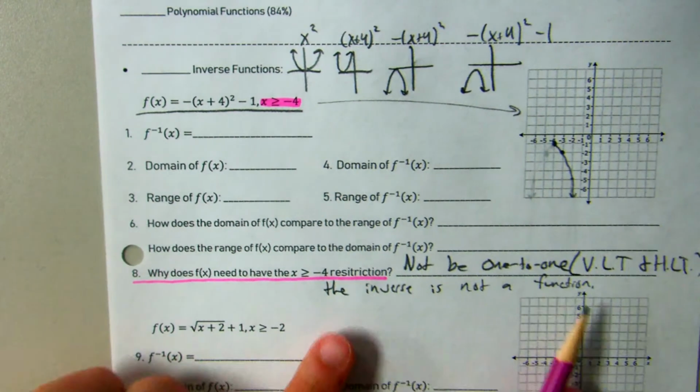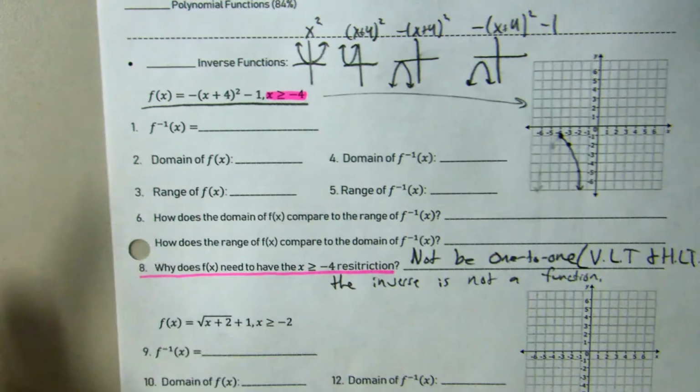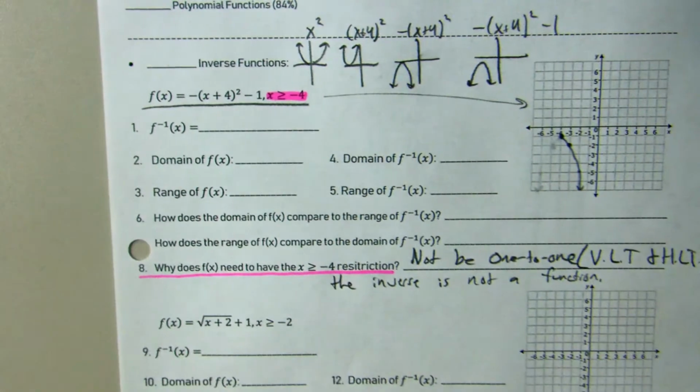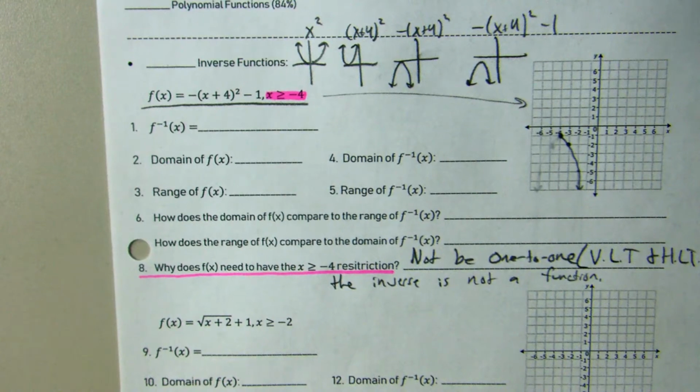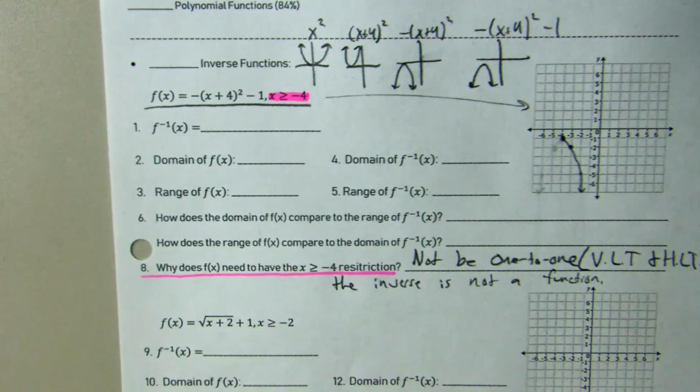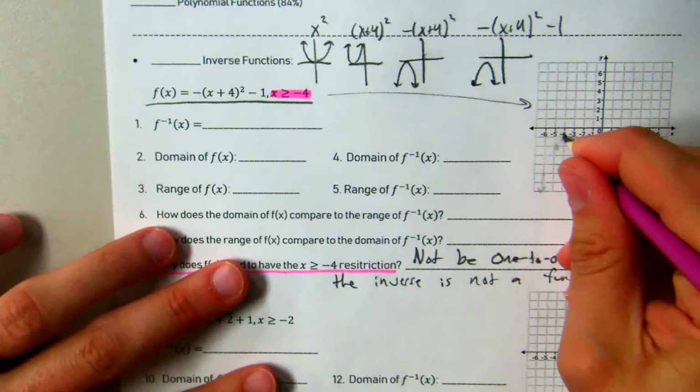Now, that may not seem like a big deal to you, but question number 1 is, what is the inverse function? So I can't ask you what the inverse function is if the inverse is not a function. So without this restriction, the inverse is not a function. So we have to put that in there and say, well, this has to be that.